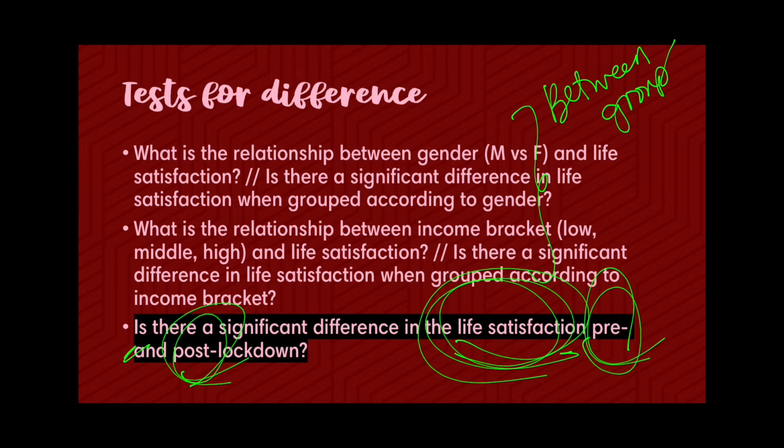So that is the example of an experiment. But for this example, it seems like it's observational. It's non-experimental. The lockdown happens in a natural setting, meaning the researchers have no control over the lockdown, but they do have control of when to measure. So they measured prior to the lockdown and then after the lockdown.